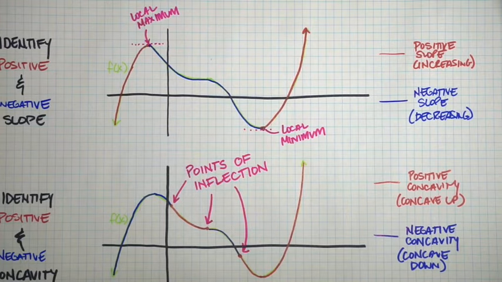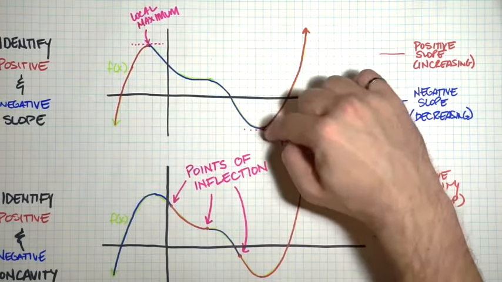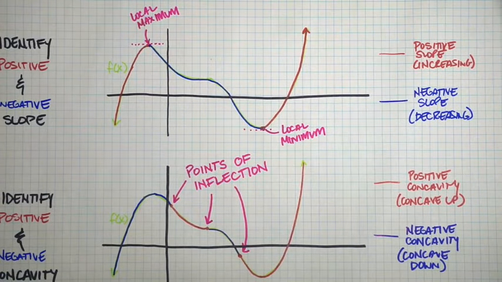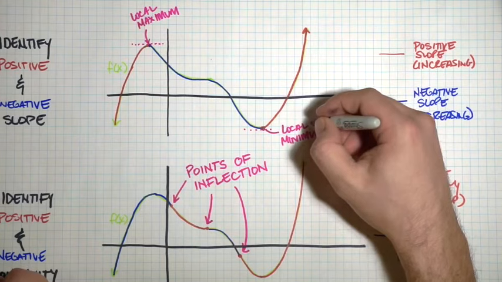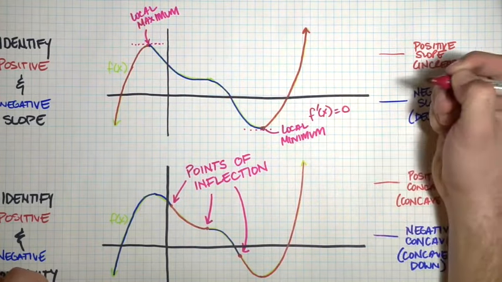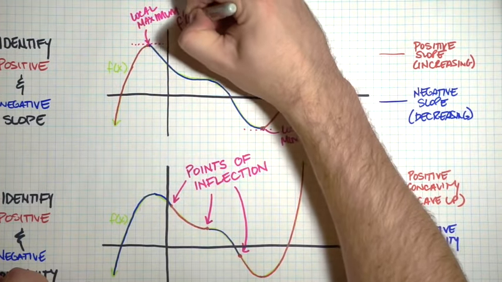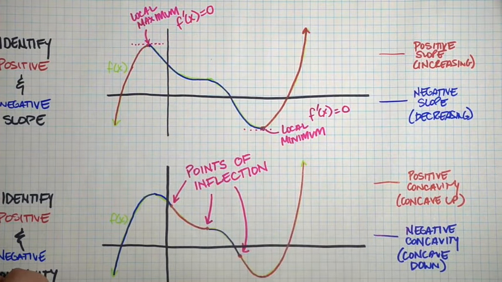Now the thing to remember, if we go back up to this graph, how can we identify where the maximum and minimums are? Well, that happens where the slope of the tangent is equal to 0, right? So this happens where f prime of x is equal to 0. And the local maximum also is where f prime of x is equal to 0. So where do you think these points of inflection are going to occur?